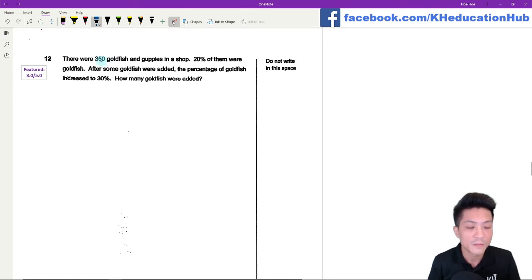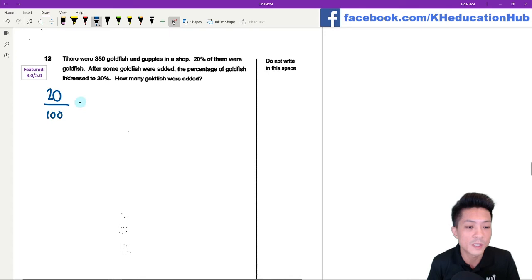Question 12. There were 350 goldfish and guppies in a shop. 20% of them were goldfish. After some goldfish were added, the percentage of goldfish increased to 30%. How many goldfish were added? Right, so the first thing that we can find is the exact number of goldfish first.